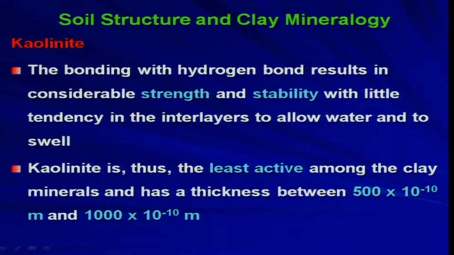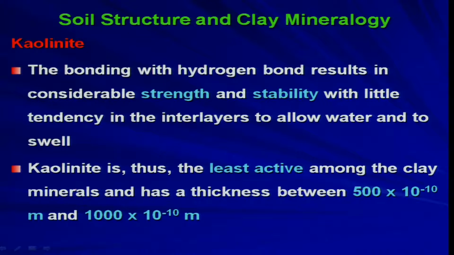So, kaolinite is thus the least active, because you are not allowing any foreign material inside your own structure. So, it has become the least active among the clay minerals and has a thickness between 500 into 10 to the minus 10 meter and 1000 into 10 to the minus 10 meter. Basically this is the thickness of the kaolinite unit, and it is very least active because of the hydrogen bond.